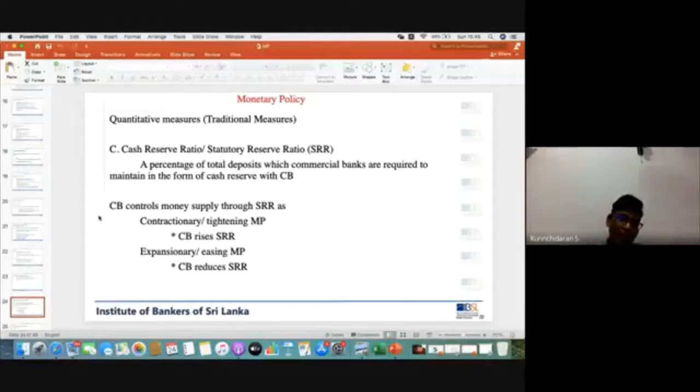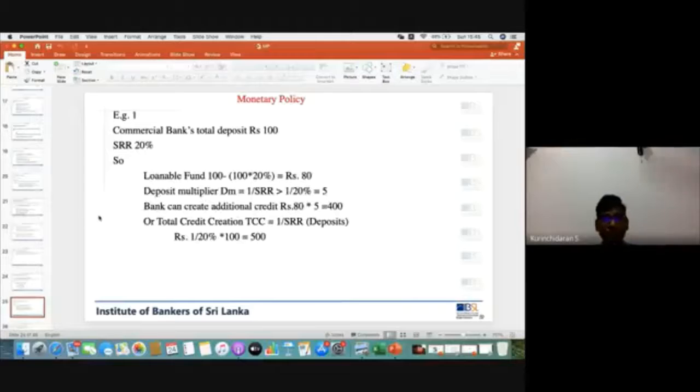Let's see an example. Commercial banks' total deposit, let's assume 100, SRR is 20%. Now loanable fund, how much? If they have a deposit of 100, they have to keep 20% with the central bank, that means 20 rupees. The bank can lend only 80 rupees. Now the bank is lending that 80 rupees to the public.